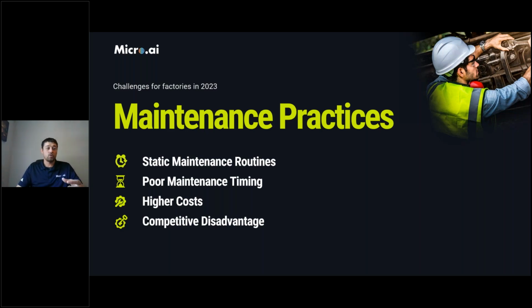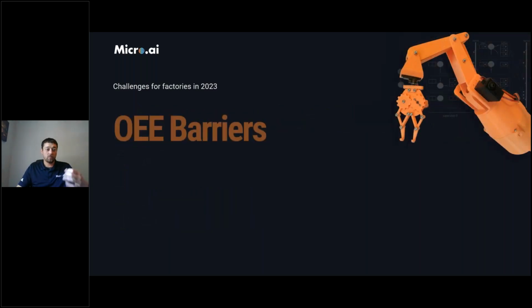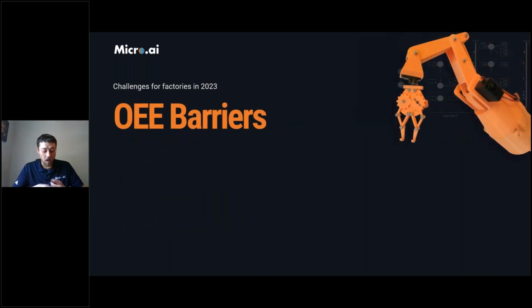And that leads us to the OEE barrier, right? A lot of factories have the elusive, hey, we're just trying to hit 70%. You know, we would like to utilize our equipment the best that we can. And from my experience in visiting a lot of these places, one of the leading causes to preventing folks from being able to surpass these OEE barriers is excessive machine downtime.